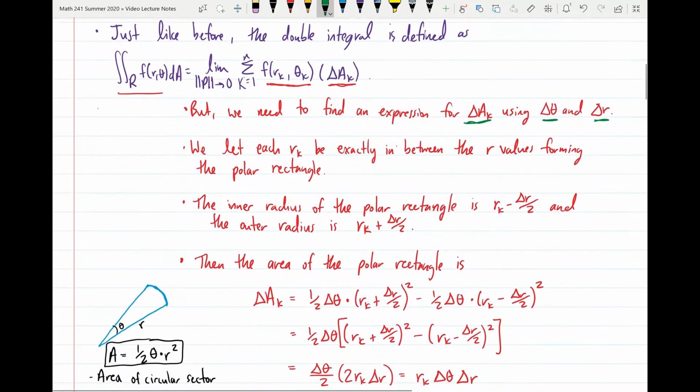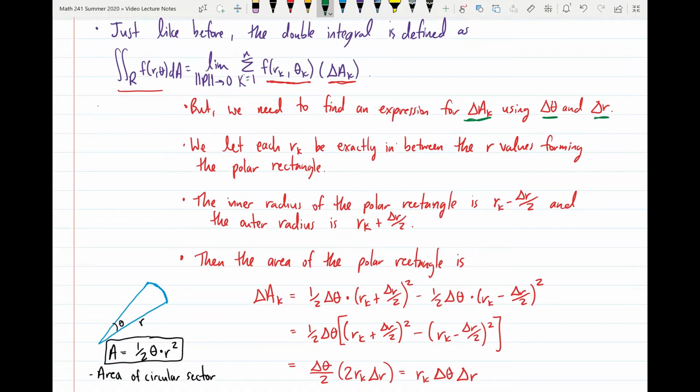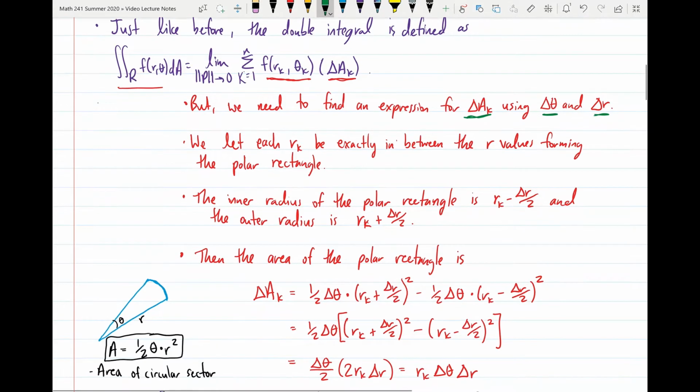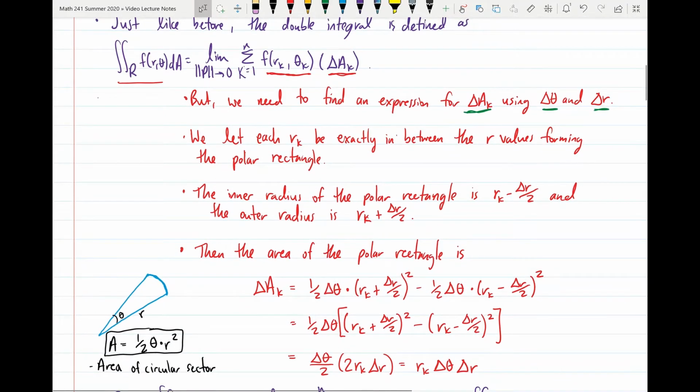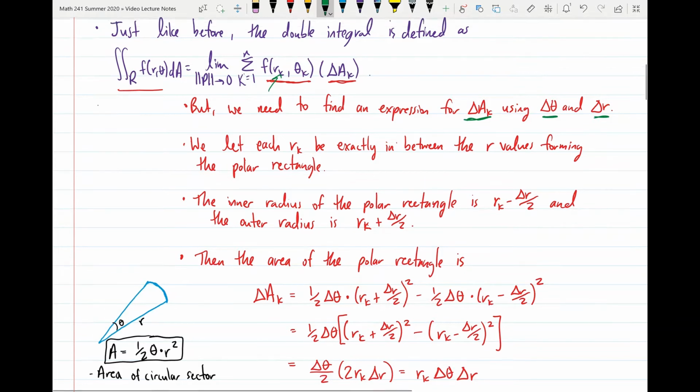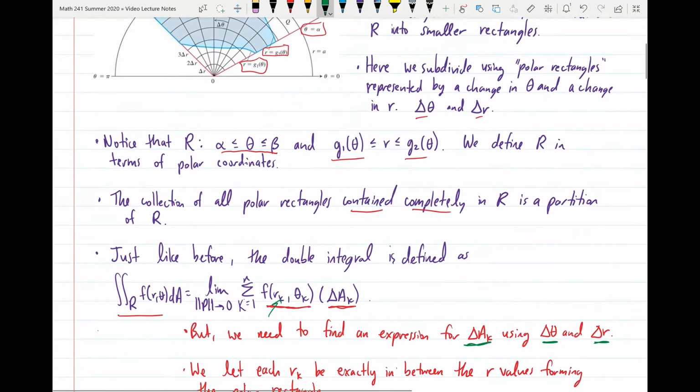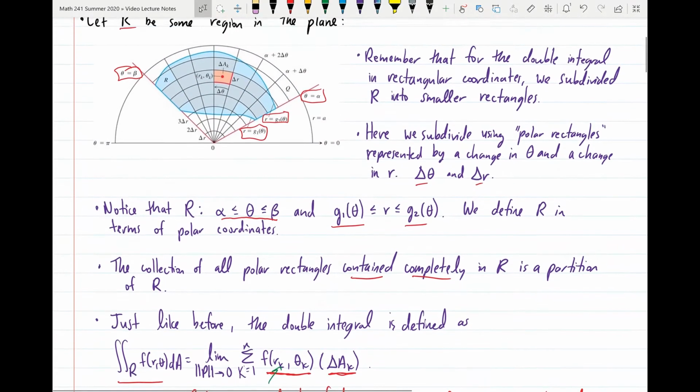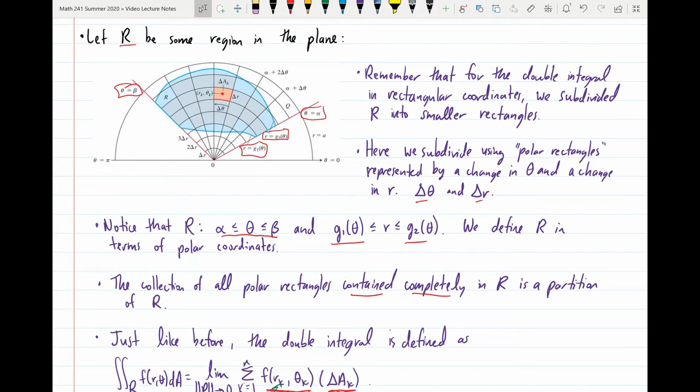So our goal here is to figure out how we can write the area in terms of delta theta and delta r. So for convenience, we're going to let each of the r sub k's that's showing up here be exactly in between the r values that form the polar rectangle. So remember that when we take these Riemann sums, we can choose a point anywhere inside of this polar rectangle.